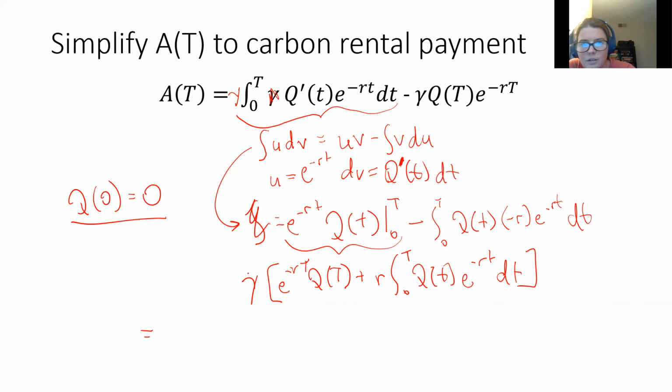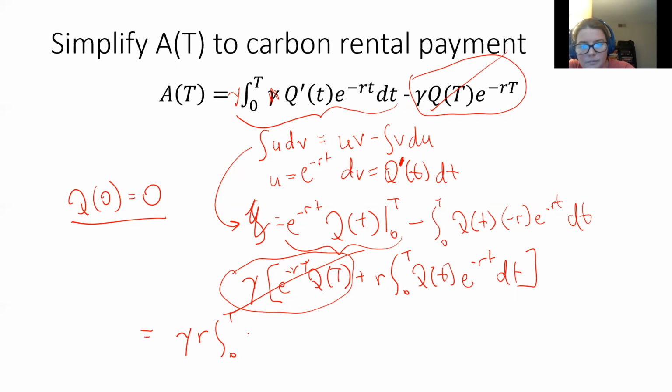We can notice that this thing and the other term that we didn't yet work with are actually the same, and this one's positive, this one's negative. So these two things actually cancel out completely. And all we're left with is this thing, which, remember, we still have our gamma times r times this integral.